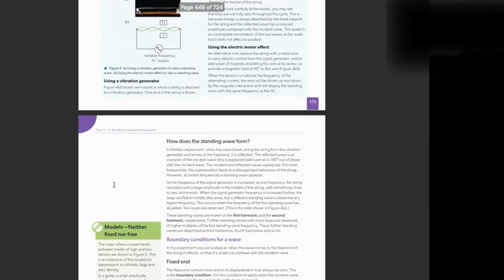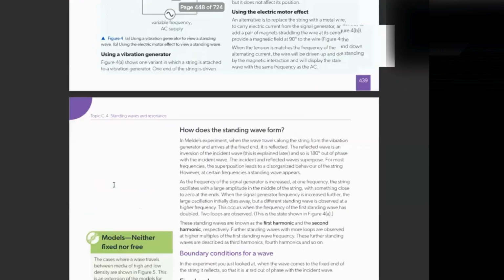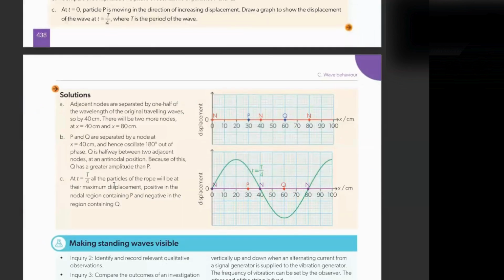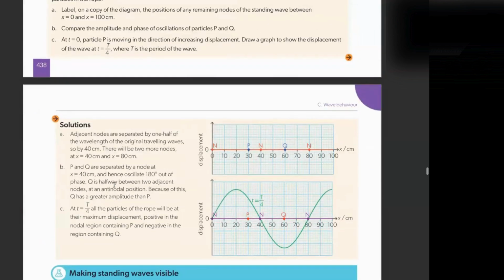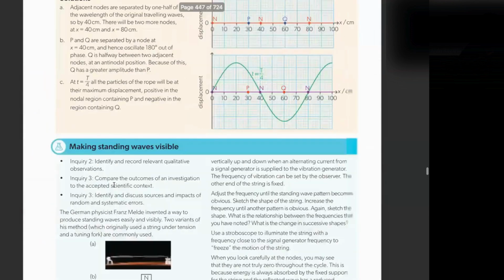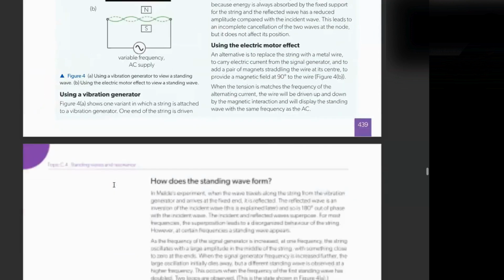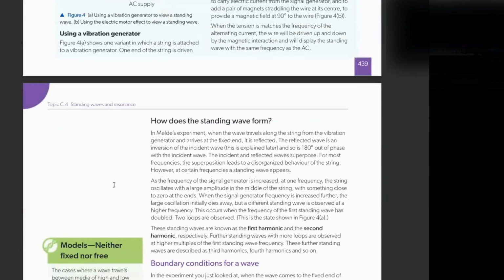Right. Now let us go to the formation part. We will do these questions later. We have 1.5 hours of this. Now let us try to understand the formation of a standing wave, and we will try to understand what these harmonics are. There are a few names that you might have to memorize. What is first harmonic?